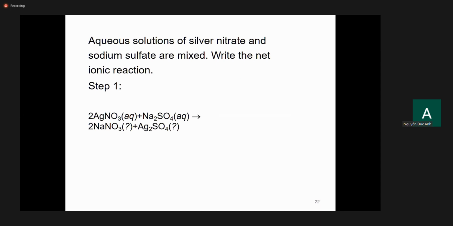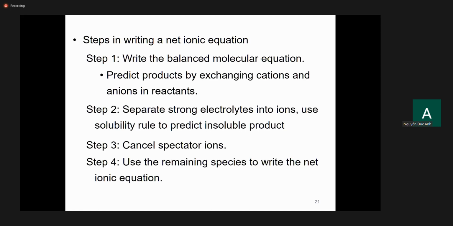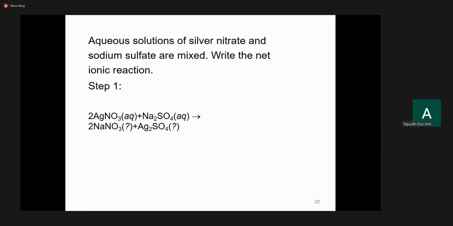Okay, so Tom explains very carefully and gives you step by step examples. The first step is related to the molecular equation. Sorry, there was some trouble when I converted the PDF file to the PPT.